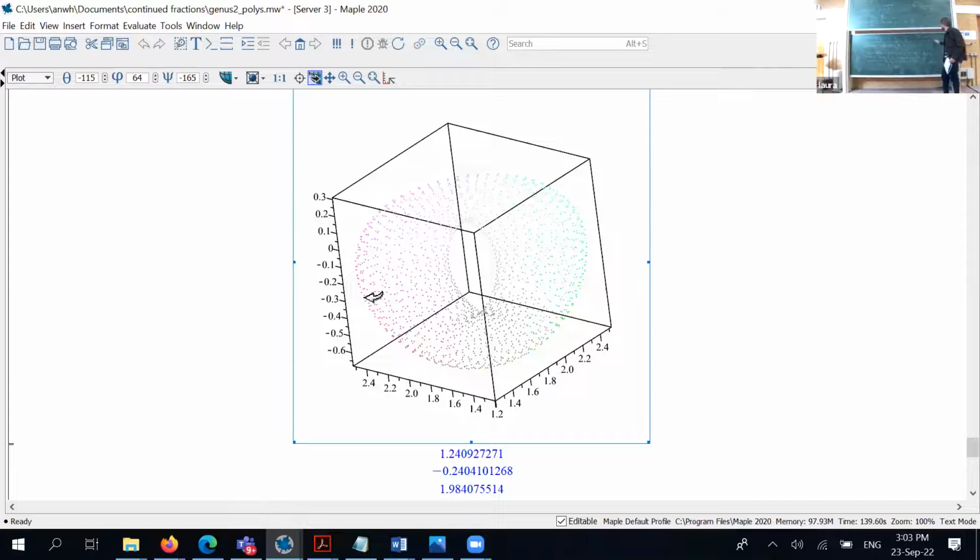Well, in general it's the general Somos 4, which has a couple of free coefficients you can choose in front of the right hand side of one.